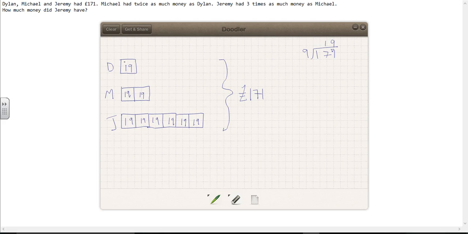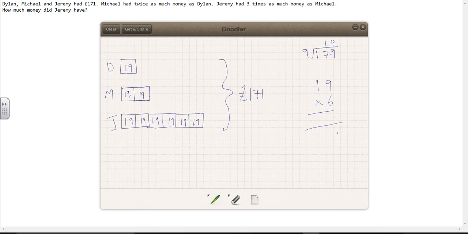So now I can calculate everything. I can find out how much Dylan had, how much Michael had, and also how much money Jeremy had. Okay, and Jeremy, how many of these parts does Jeremy have? 1, 2, 3, 4, 5, 6. So I have to multiply 19 by 6 to find out how much money Jeremy has.